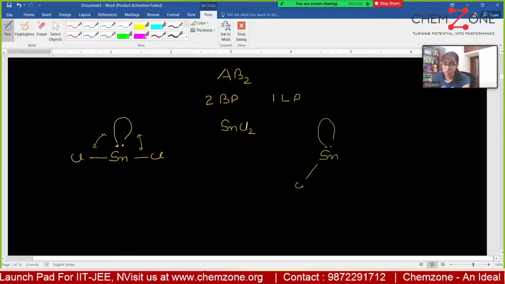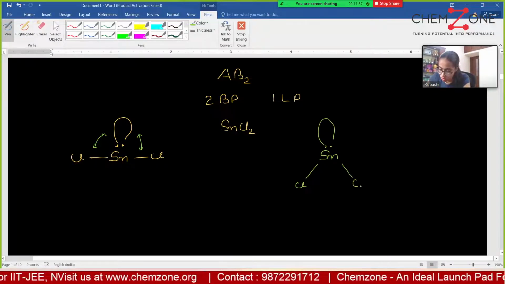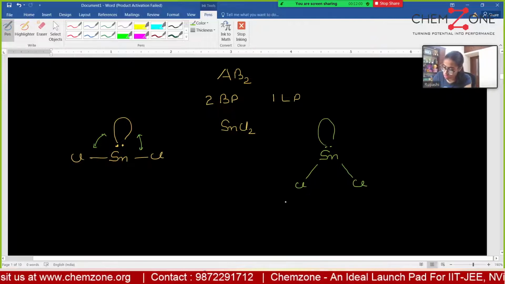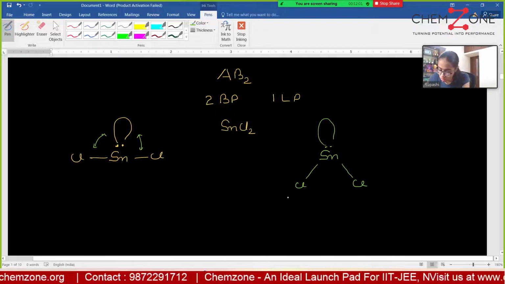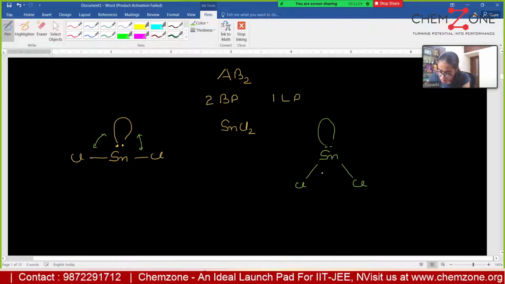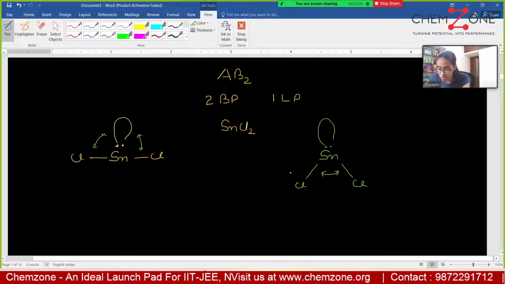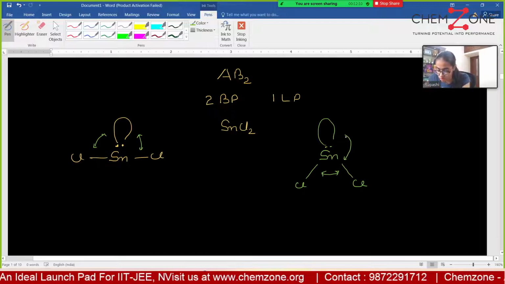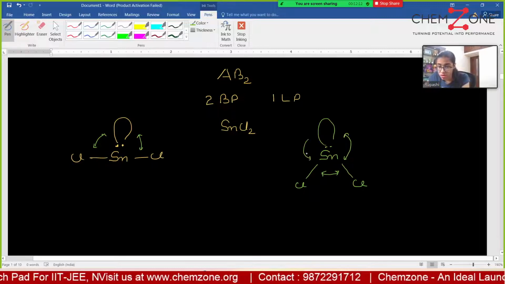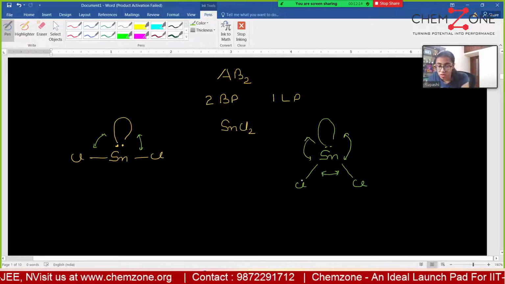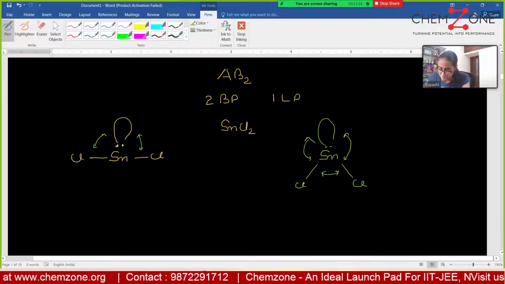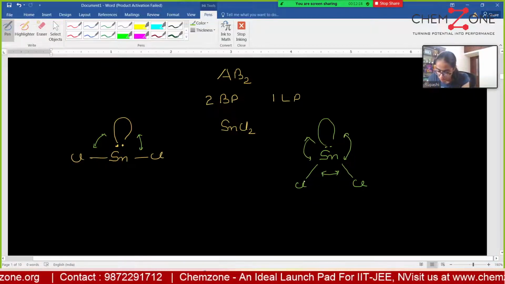Due to this repulsion, these bonds will come closer like this. But when they come closer, there is also bond pair repulsion, and here we have a lone pair and bond pair repulsion. So there is some net angle at which these two bond pairs will be aligned.